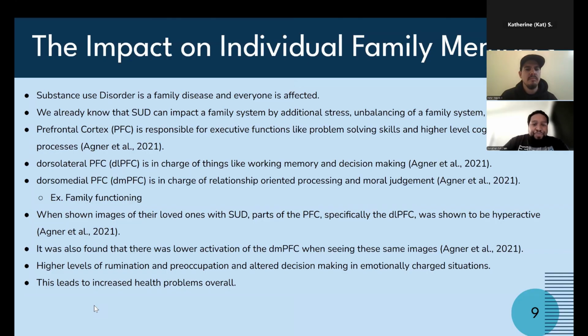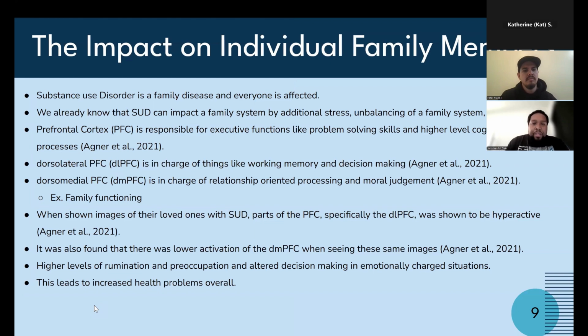So those stresses impact the prefrontal cortex, which is responsible for executive functions like problem solving skills and higher level cognitive processes.